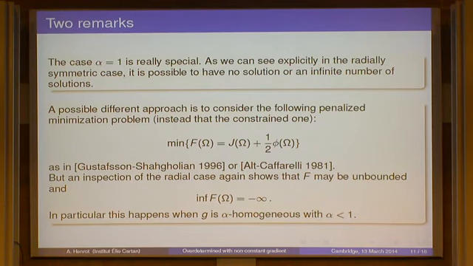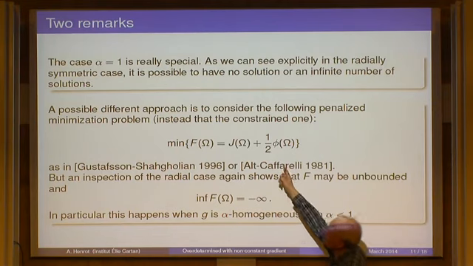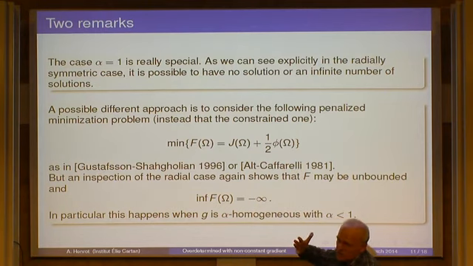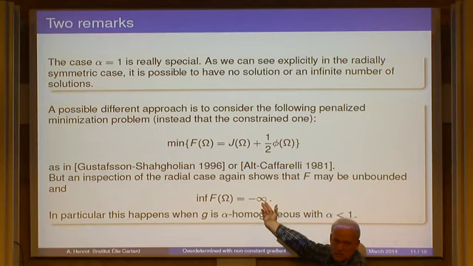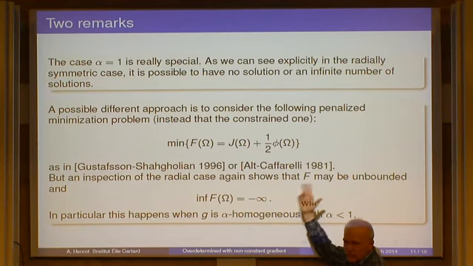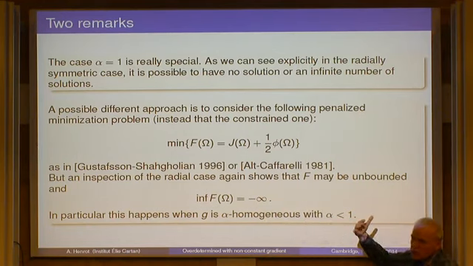tempting to do that. But what I claim is, in our case, there are choices of the function g for which this functional F of omega has no minimizer. Actually, the infimum is minus infinity. And so I cannot follow this approach if I just want to find a minimizer.